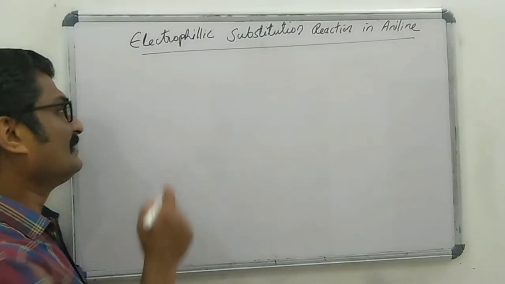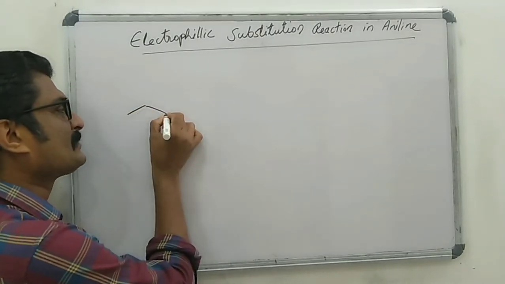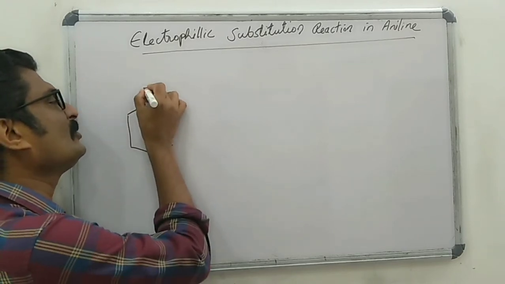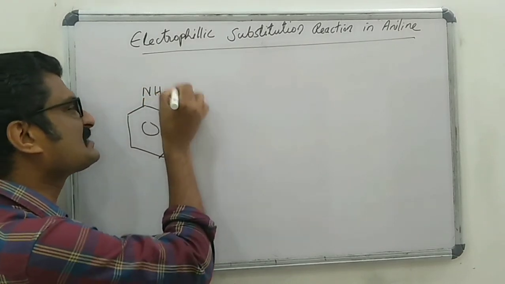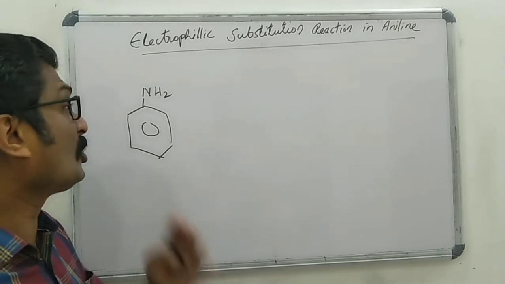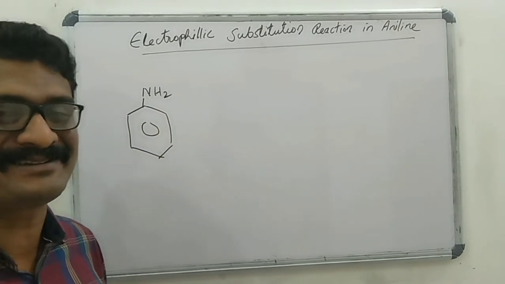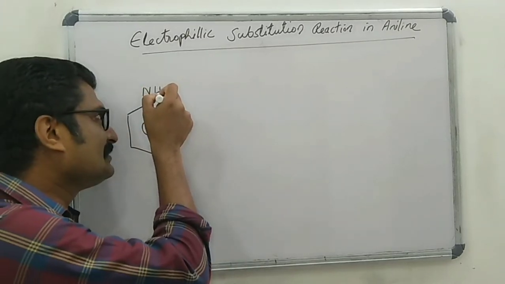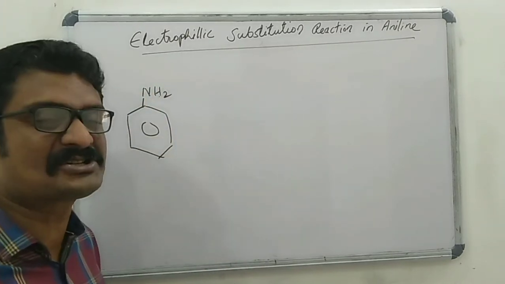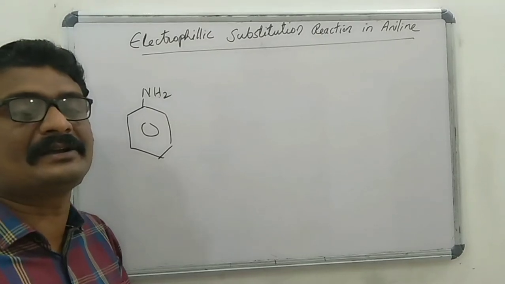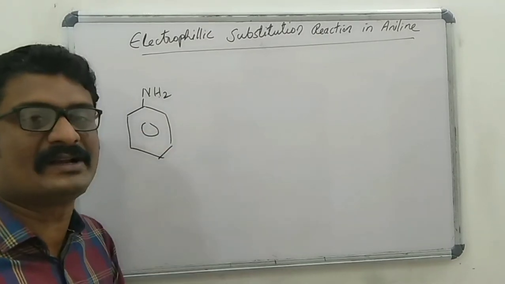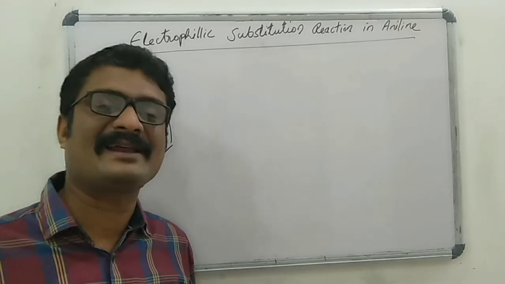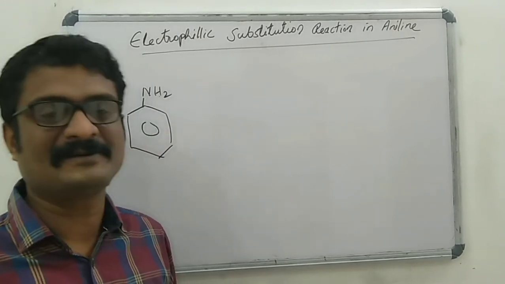Please listen. The NH2 group, the amino group in aniline, is a strongly ortho and para directing group. This amino group can direct the incoming electrophiles to all the available ortho and para positions of the benzene ring.